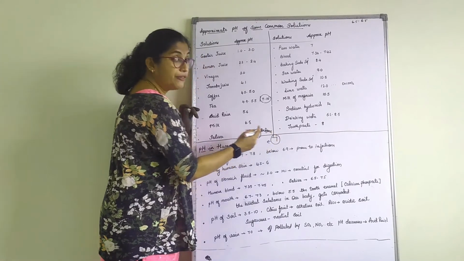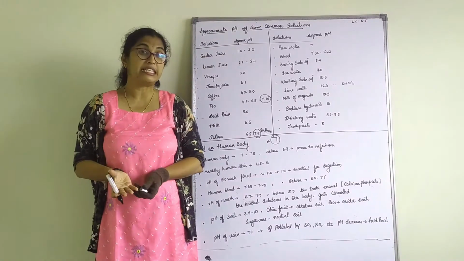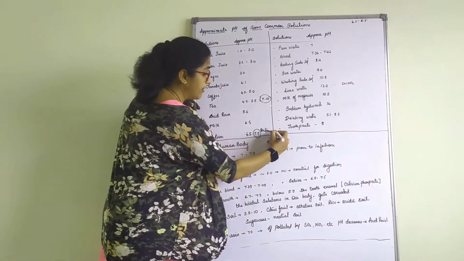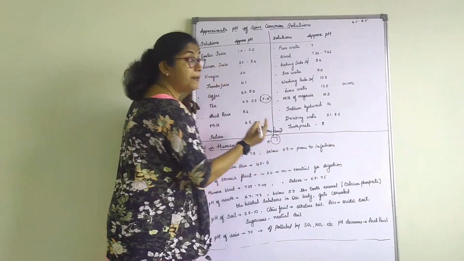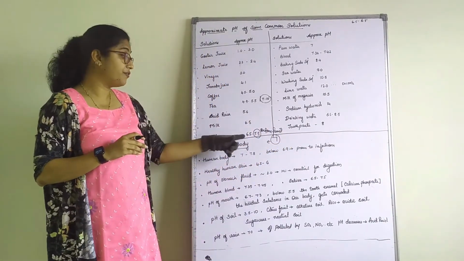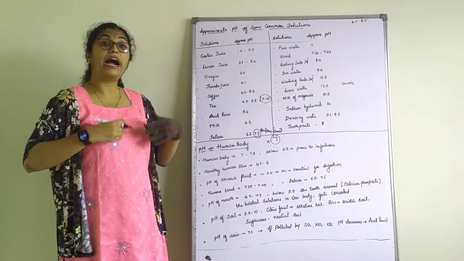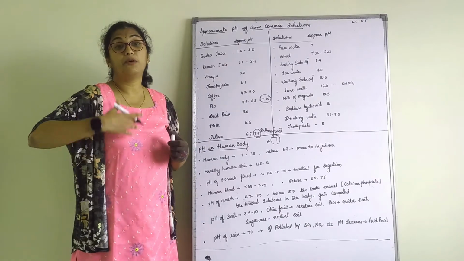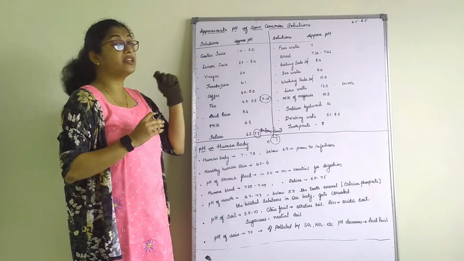Why? Before food, our body has not released HCl for digestion. The saliva of our mouth after food is 6.5, slightly acidic, because our body produces gastric juices.